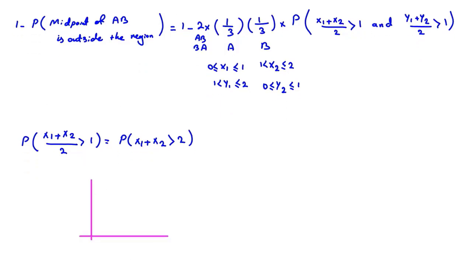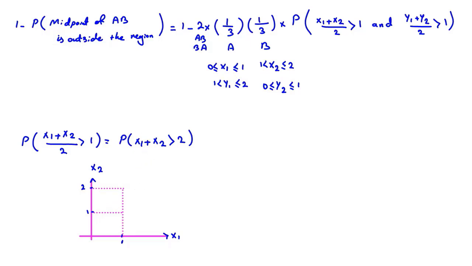This is x1, this is x2, x1 from 0 to 1, x2 from 1 to 2, and if we calculate, we will see this part. Okay, now we are here because x1 is from 0 to 1, x2 from 1 to 2, and then it says find this plus this is greater than 2.